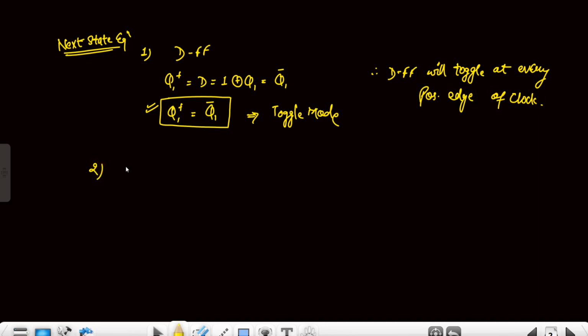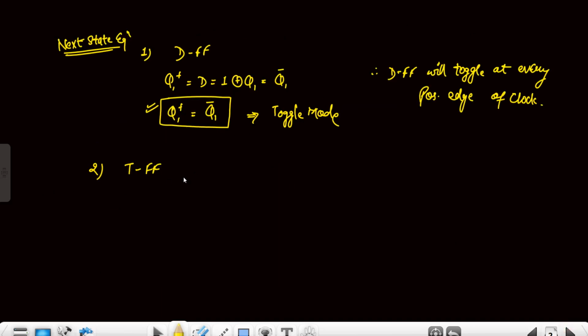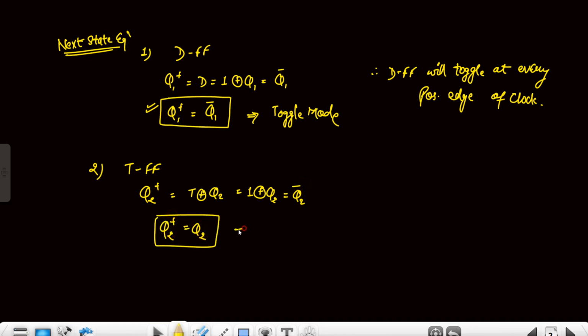Now second is the T flip flop. Whenever the T of a T flip flop is connected to 1, it means toggle mode. The next state of the T flip flop is simply T XOR Q2. T is 1, and 1 XOR Q2 will be Q2 bar. So Q2 plus equals Q2 bar, and this is the toggle mode.